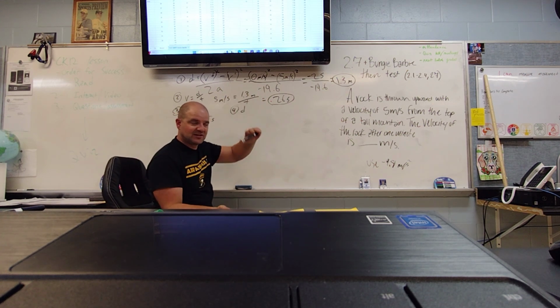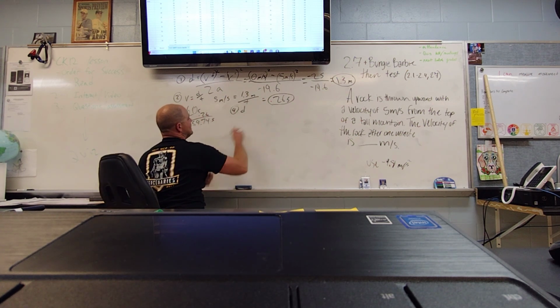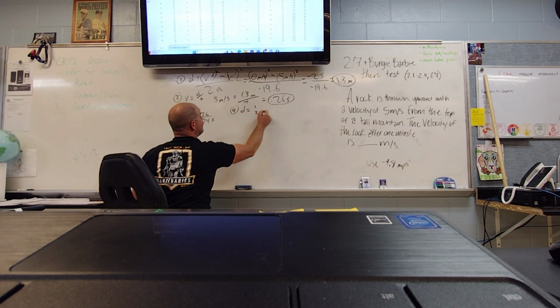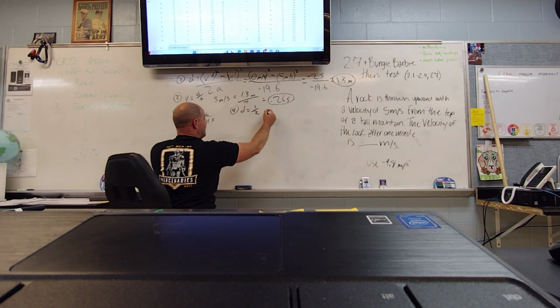What was the displacement down? So displacement equals 1/2 acceleration times time squared.